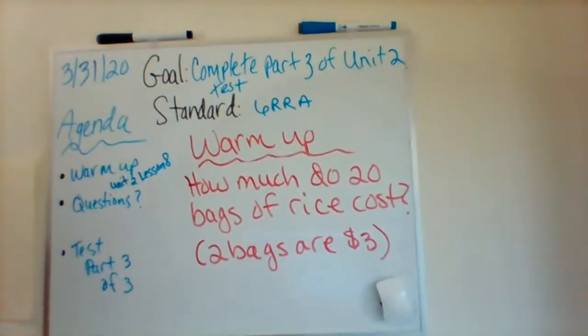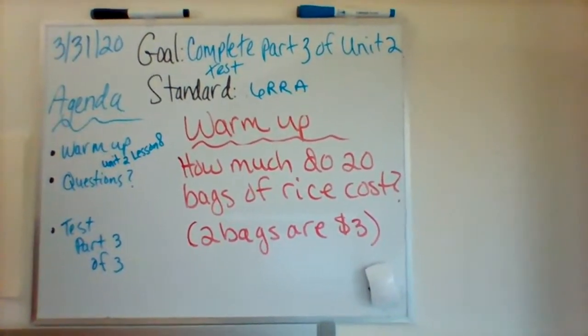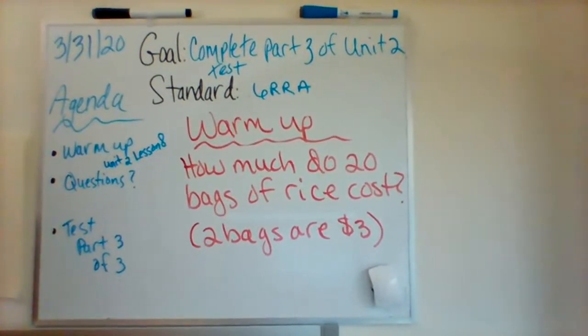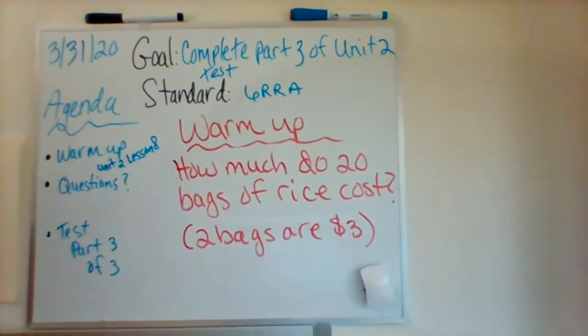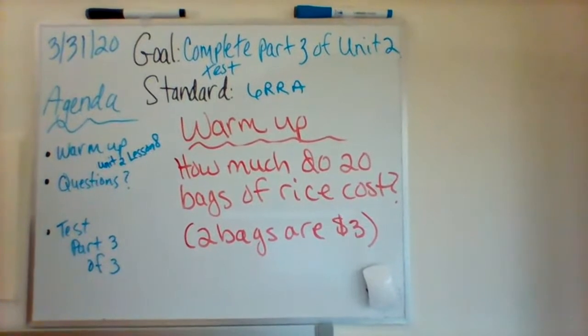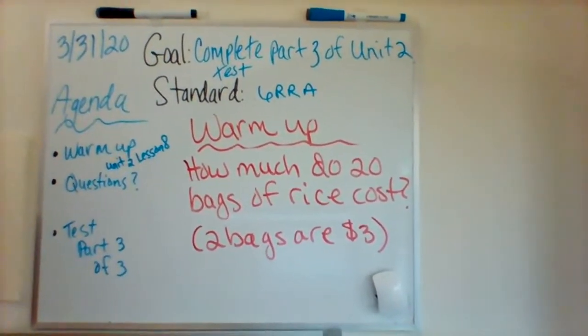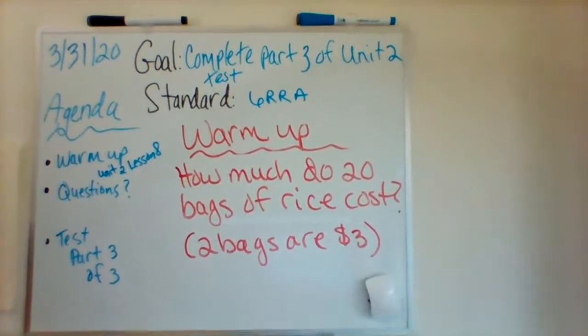All right. So the warm-up is asking you, and you might recognize it from an assignment that you did, because many of you did do well: How much do 20 bags of rice cost if 2 bags are $3? Let's answer that.